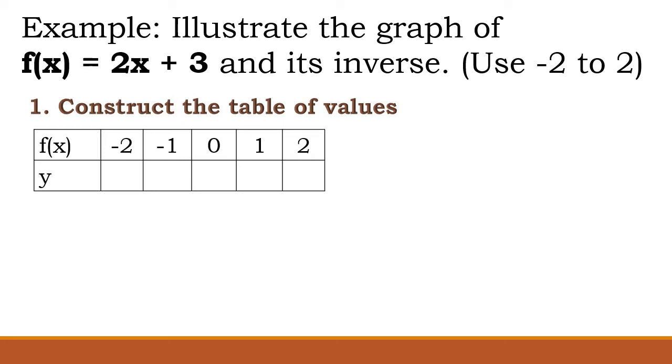Use -2, -1, 0, 1, 2. The first step that we are going to do is to construct the table of values. Given f of x with values -2, -1, 0, 1, 2, we are going to find the y values.